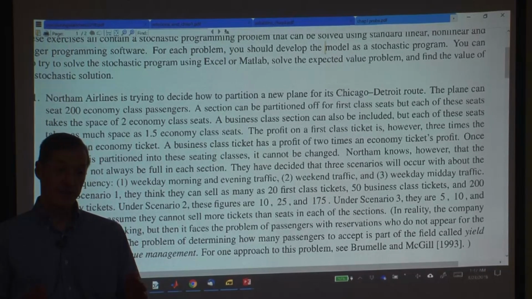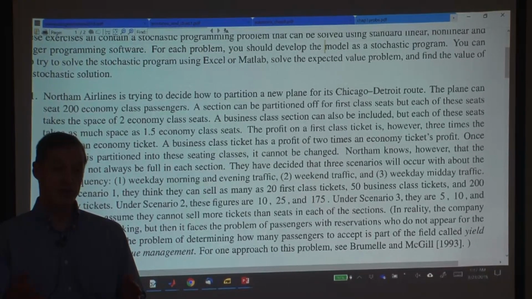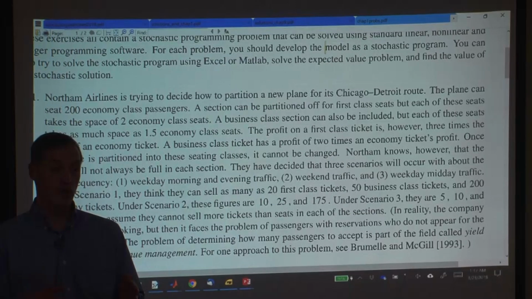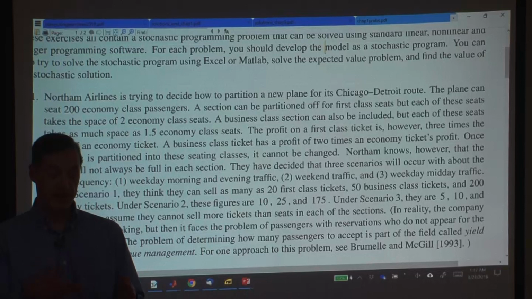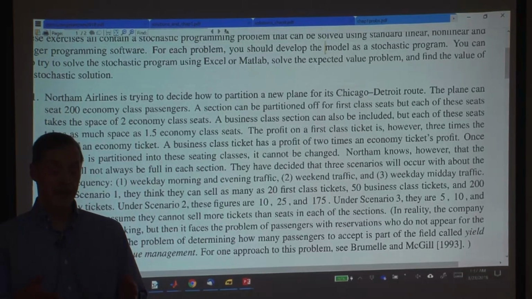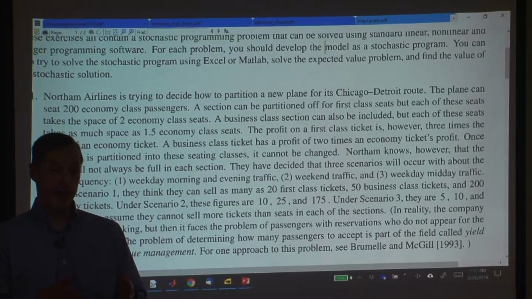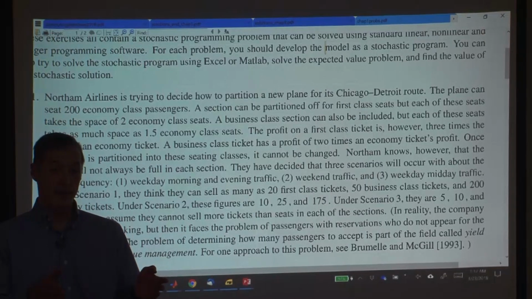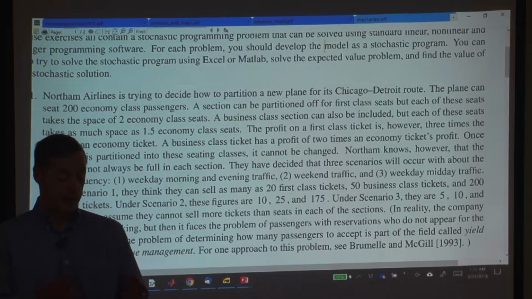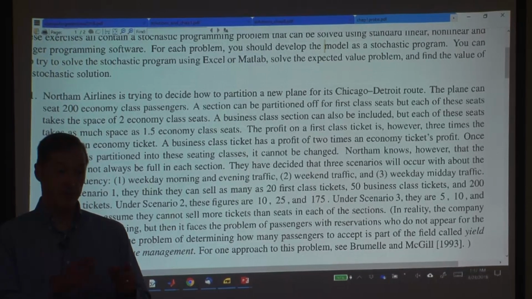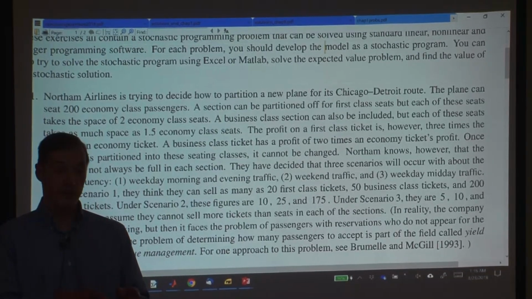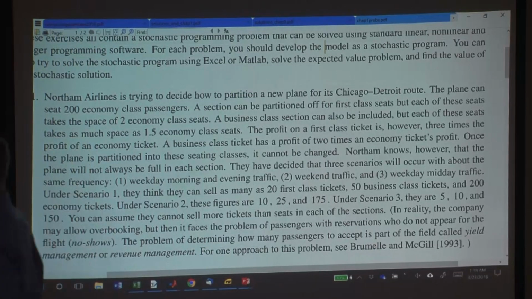And then there's the second stage decision, which is how many tickets am I going to sell in each of these seat areas. And that's the random part, the part where I don't know it ahead of time.